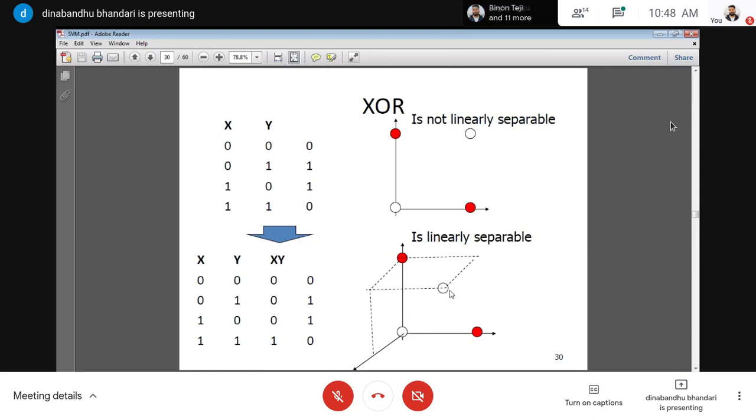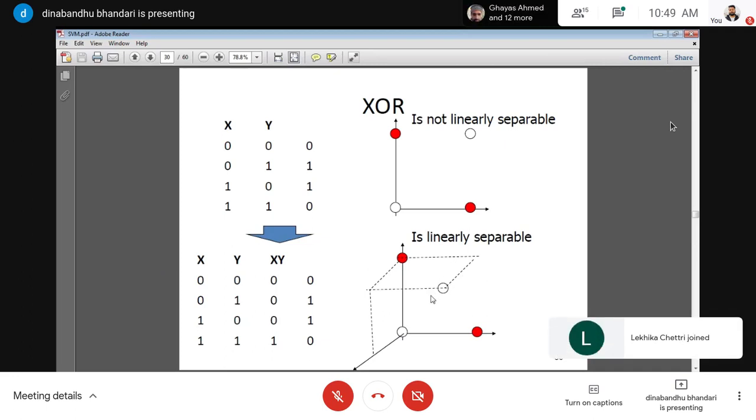But now it has gone up, higher. So you can always draw a plane across the room. So it becomes linearly separable. A plane is a linear function, so it is possible. It is satisfying Cover's theorem.